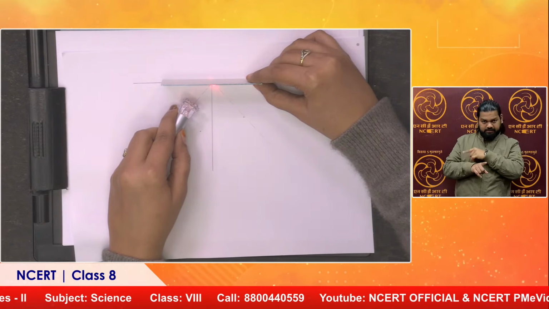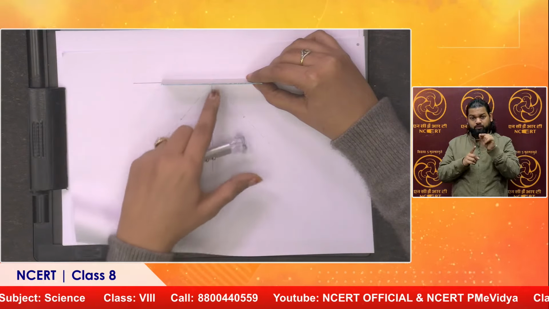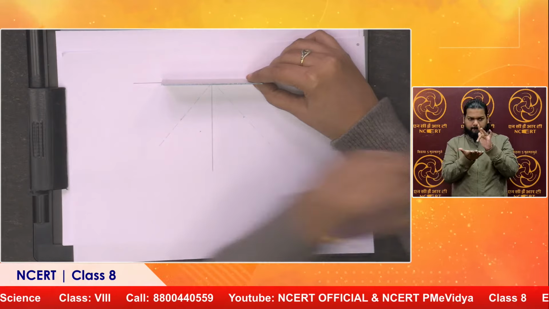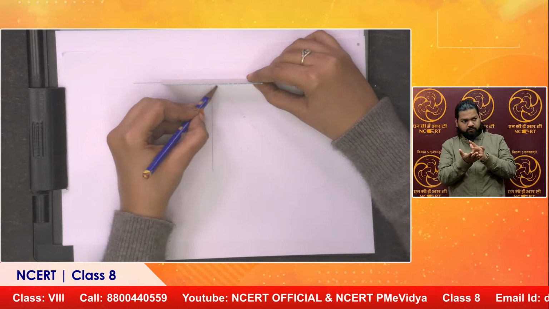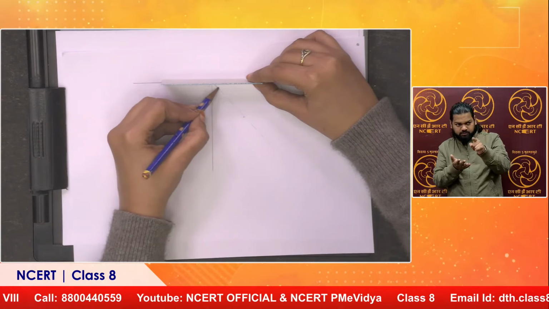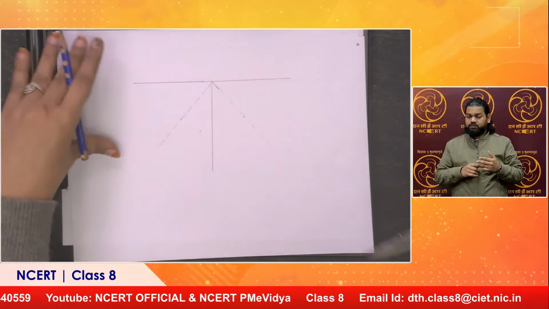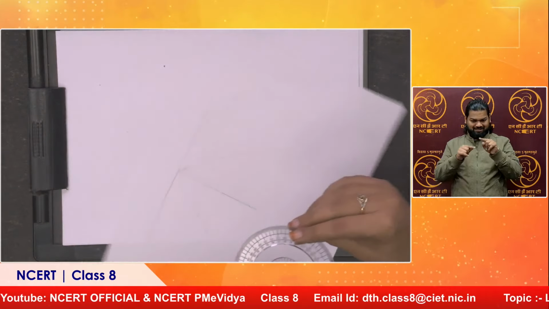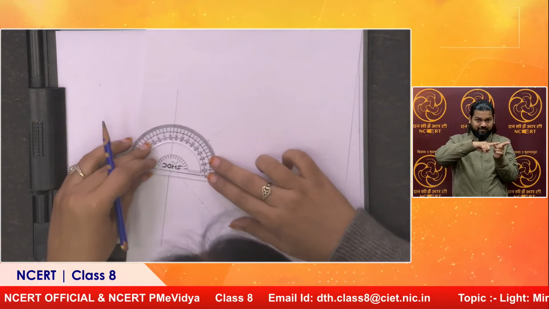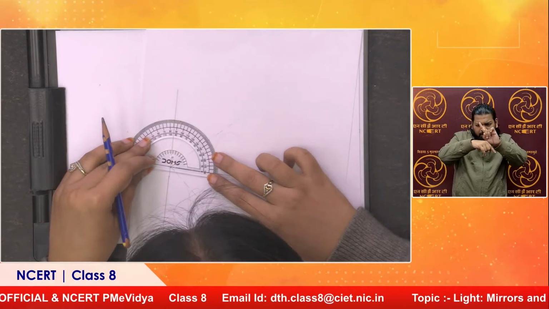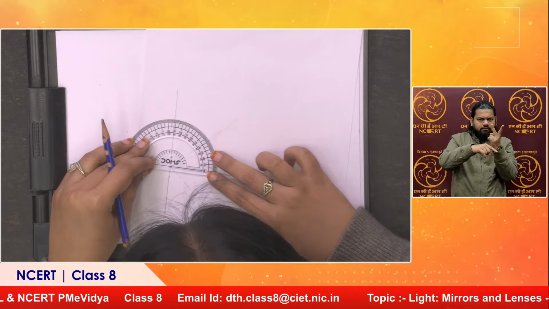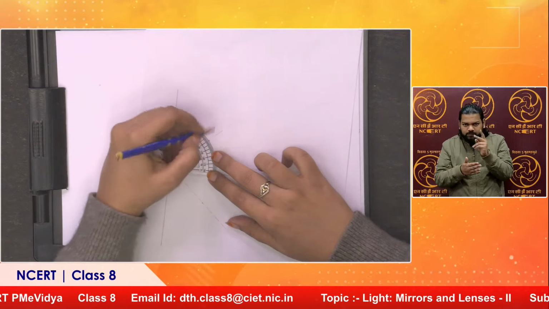So what we will do is mark that point. This was the place where I saw the reflection of this light coming. Now, with the help of this, I will measure the angle formed. So this is coming out to be 40 degrees.